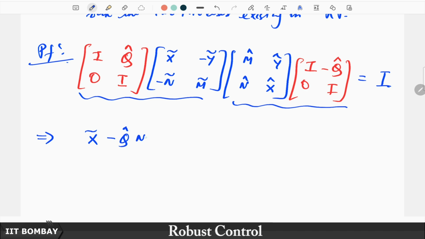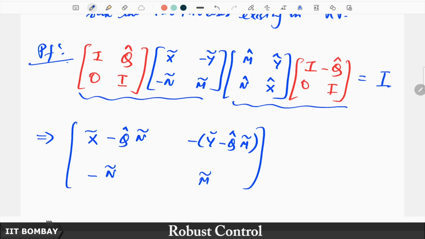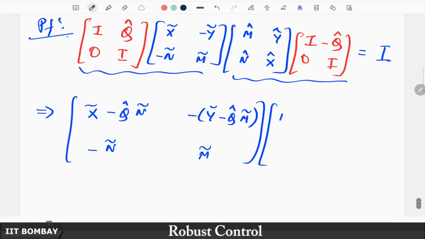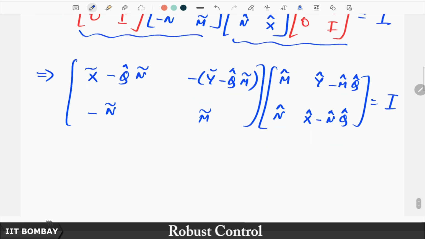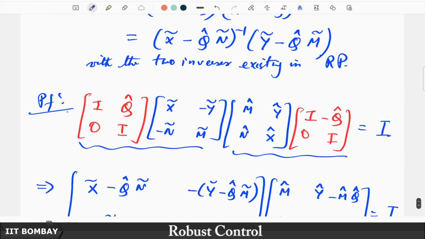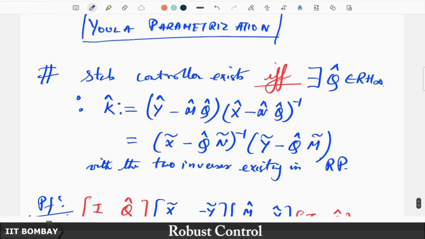You can check the calculations: minus n tilde, minus q hat m tilde, and this is going to be m tilde, that is right, and this is going to be m hat n hat, y hat minus m hat q hat, and x hat minus n hat q hat, is equal to identity.